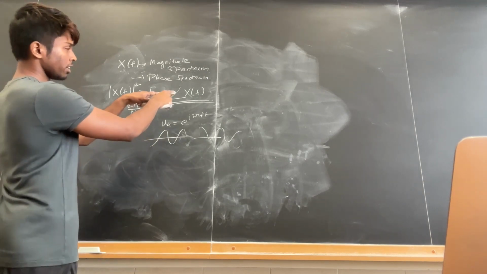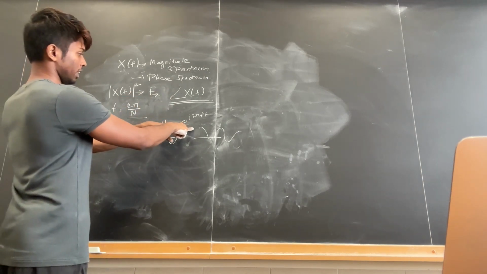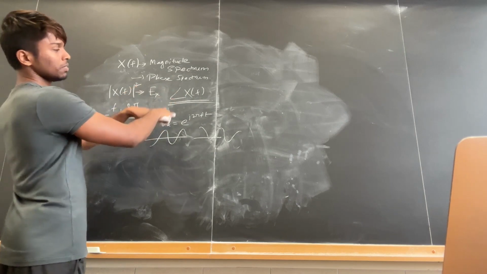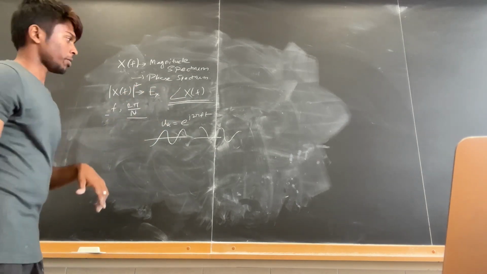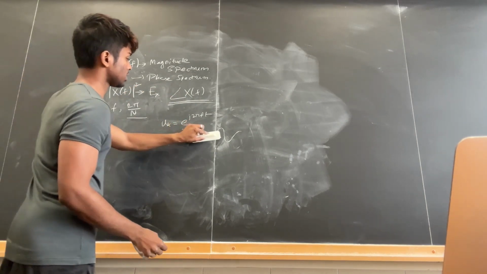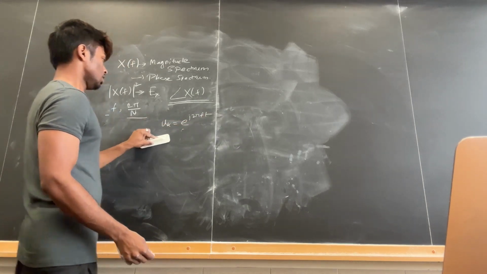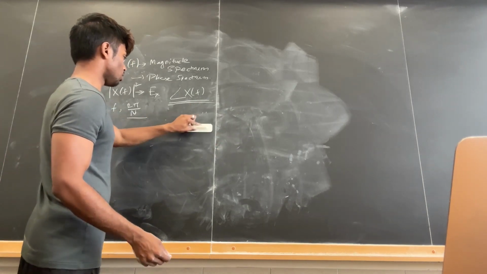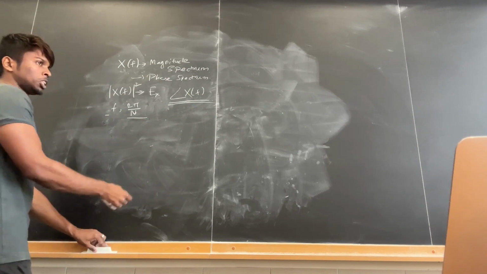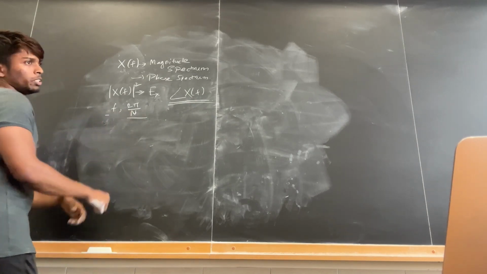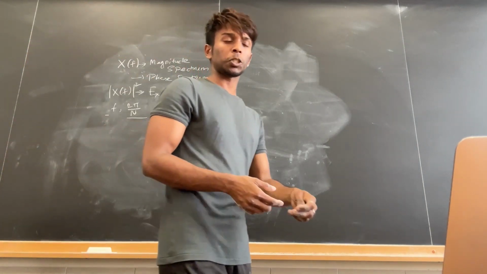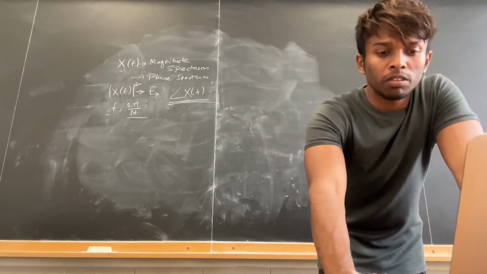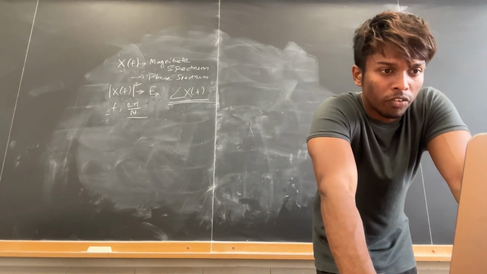How the actual signal is aligned with this complex sinusoid is given by the phase spectrum, and also in the discrete domain, same idea. So basically the phase spectrum of a signal gives an idea of the actual shape of the signal in the original domain. So that's one portion, the magnitude spectrum and phase spectrum of the Fourier transform.